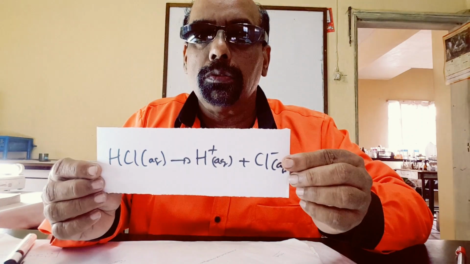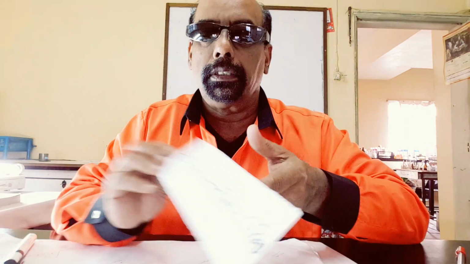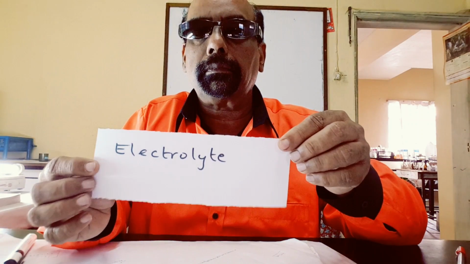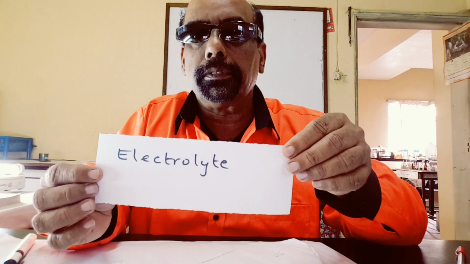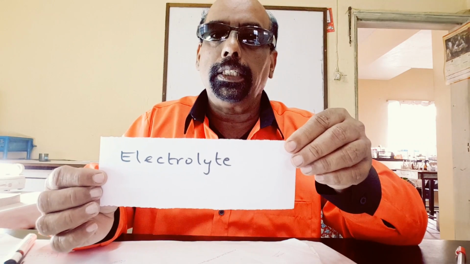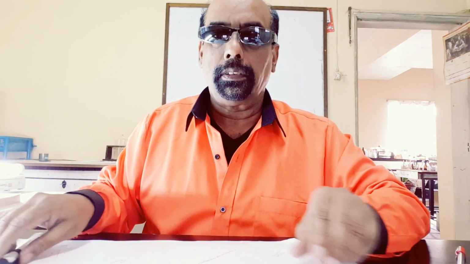So an acid solution in water conducts electricity. The acid is said to be an electrolyte. An electrolytic solution is a solution in which a current can pass. An electrolyte is a conducting liquid.